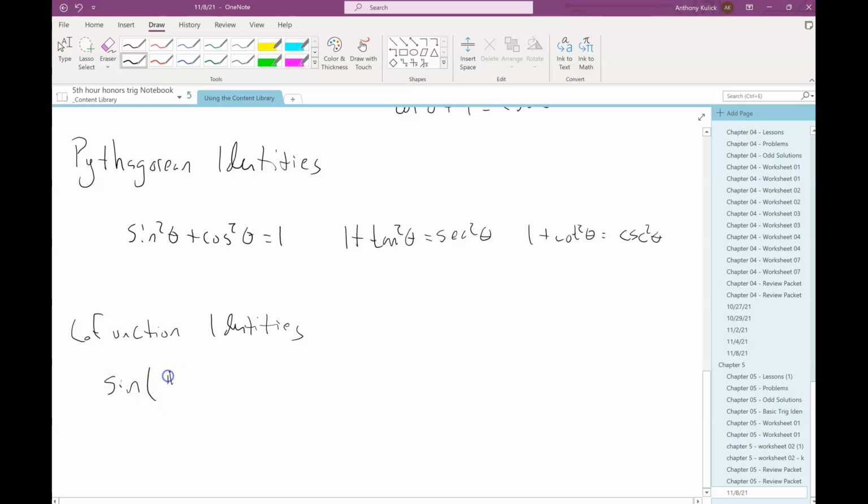So sine of pi over 2 minus theta is going to be equal to cosine of theta. So if I look at the complement of theta and do the cosine of that, it should be the same as sine was. And if I do the same thing with cosine, if I take cosine of a complement, that should be sine.